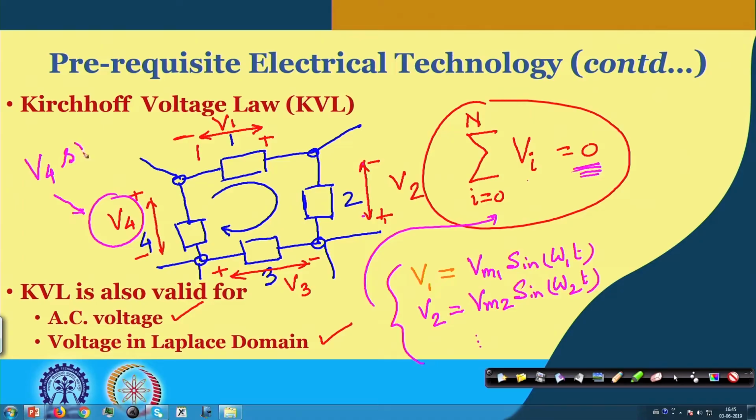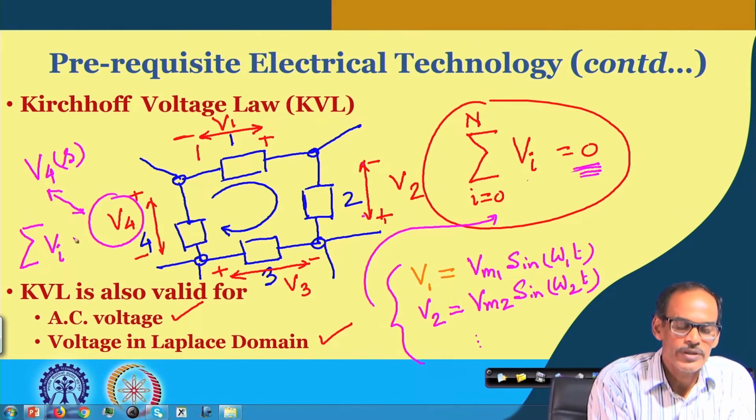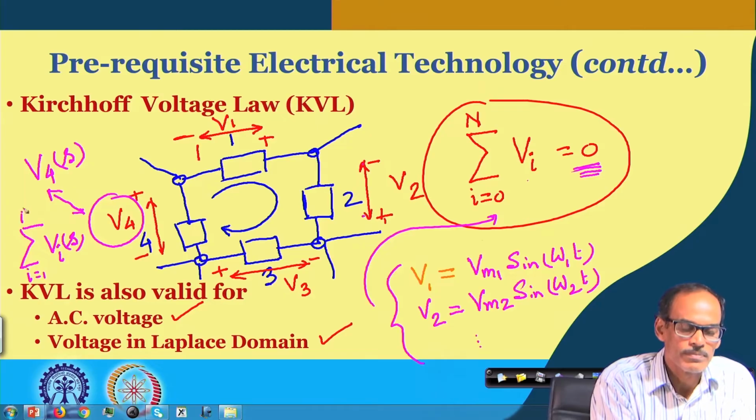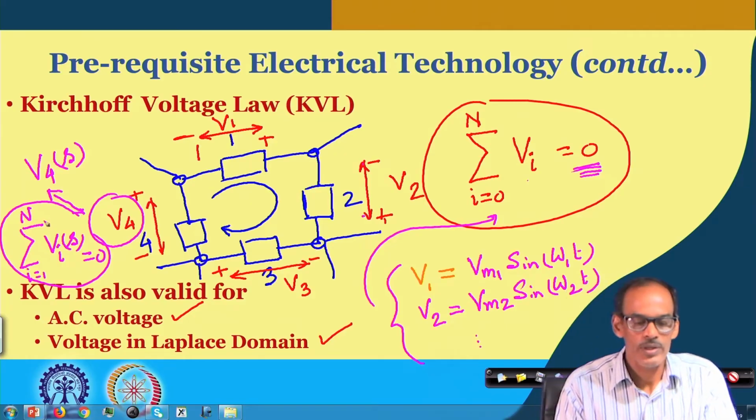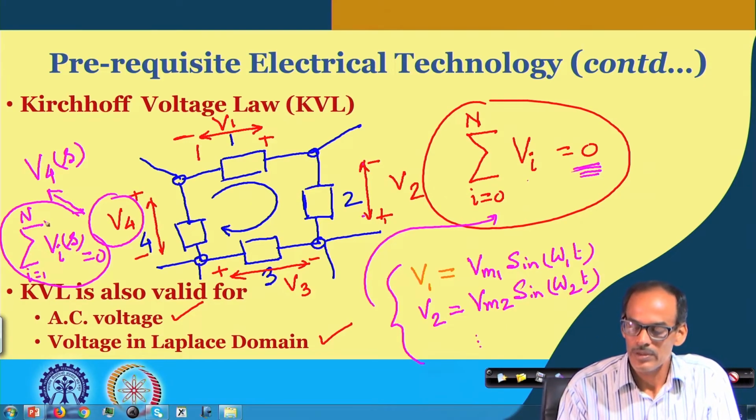So, instead of V 4 t, if we represent that signal in the Laplace domain, then also you can deploy this KVL. In that case, of course, we have to add up all the signals in the Laplace domain and then they add up to 0. So, this KVL will be frequently used while we deal with analog circuits.